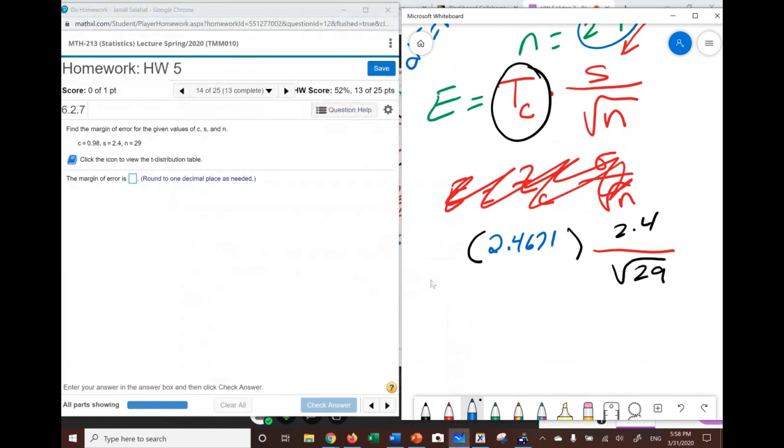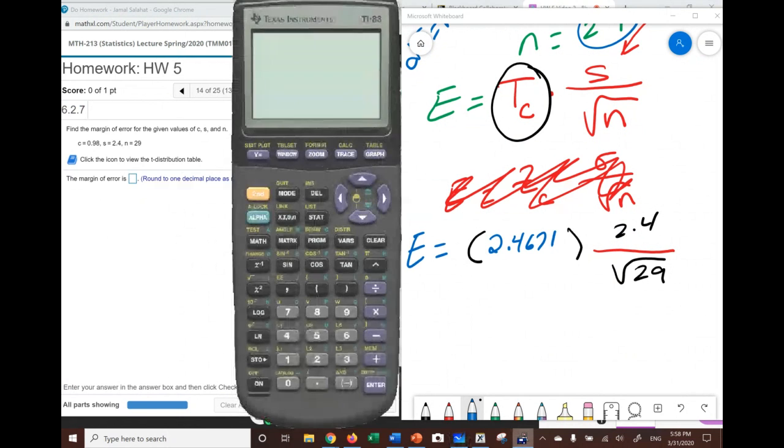So now we need to put this down, and we need to grab our calculator and do the math. So here is the calculator. 2.4671. That is this number. The parentheses indicates a multiplication. 2.4, and then divide by square root.